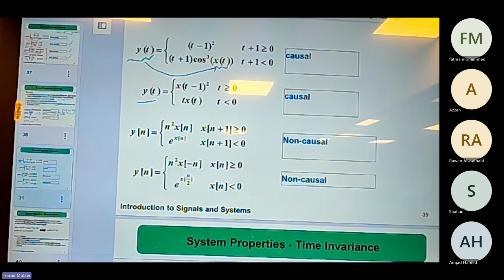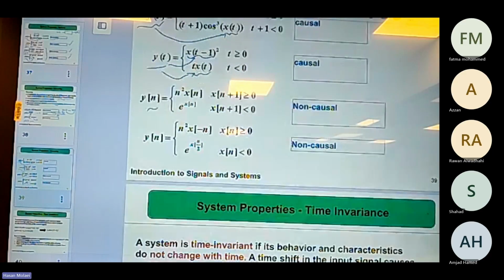This one has one x here, another x here. Again, causal. This one, and y1 depends on x2. Again, y1 depends on x3.